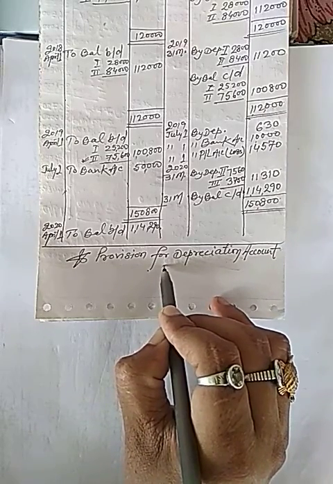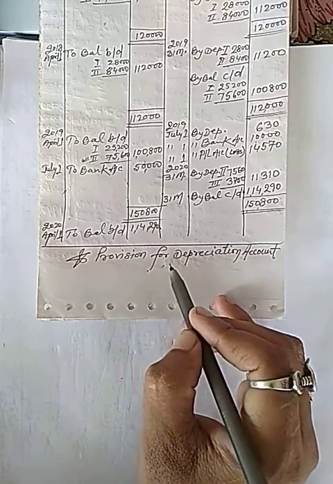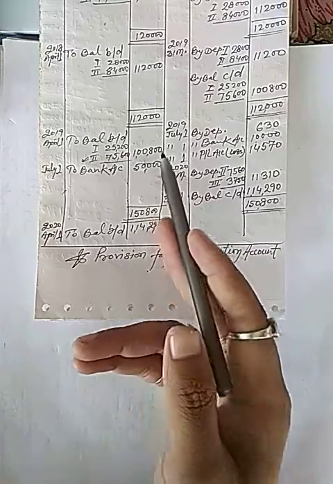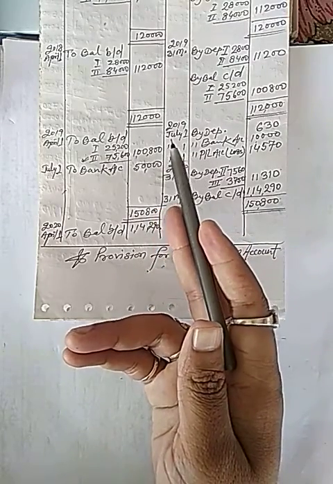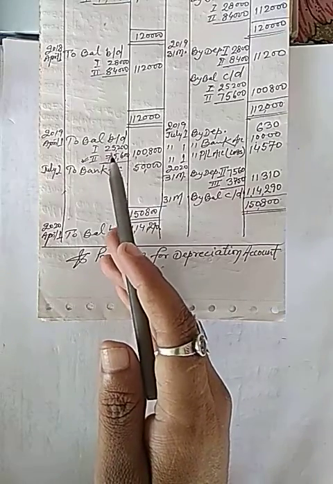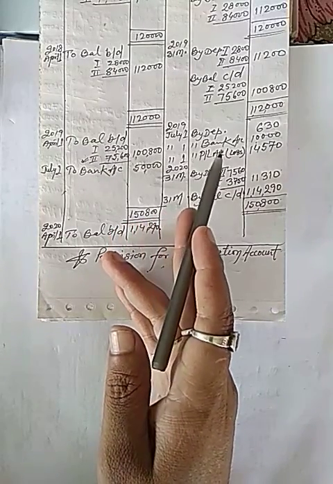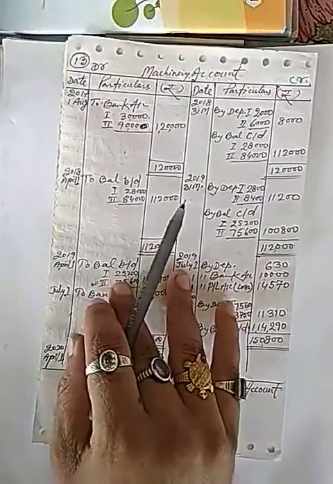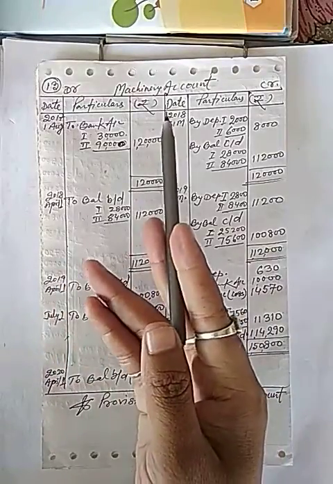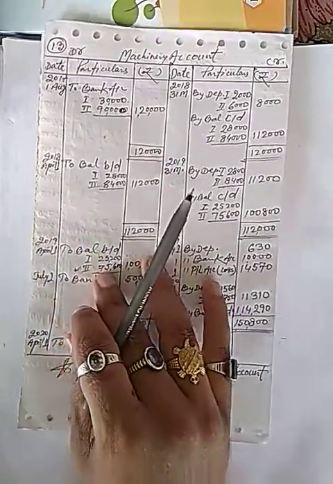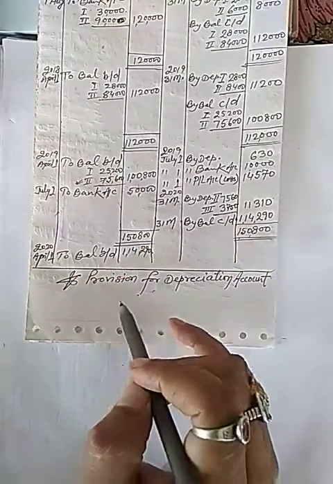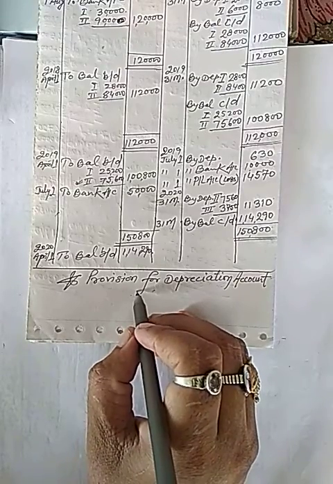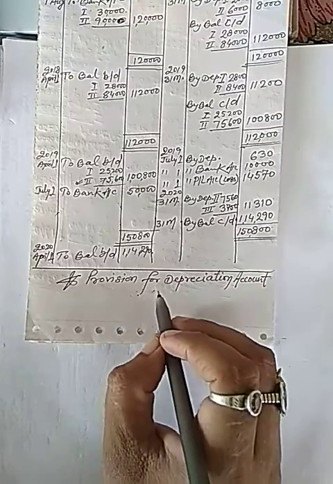In this method, depreciation is not directly deducted from the assets account. For example, you can see that I have deducted directly depreciation in assets account. Yes, this is our assets account. Machine is our assets. So student, in this method we will not deduct directly the depreciation from assets account.